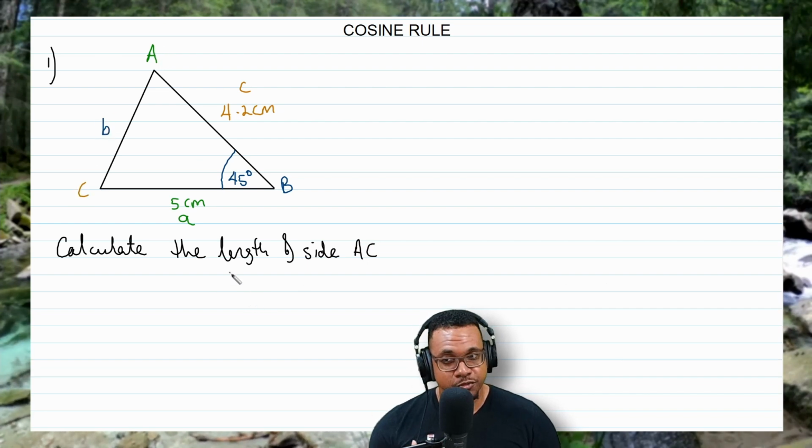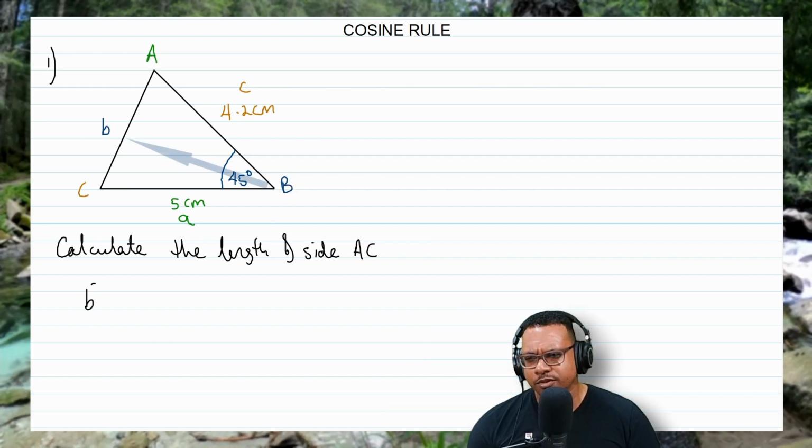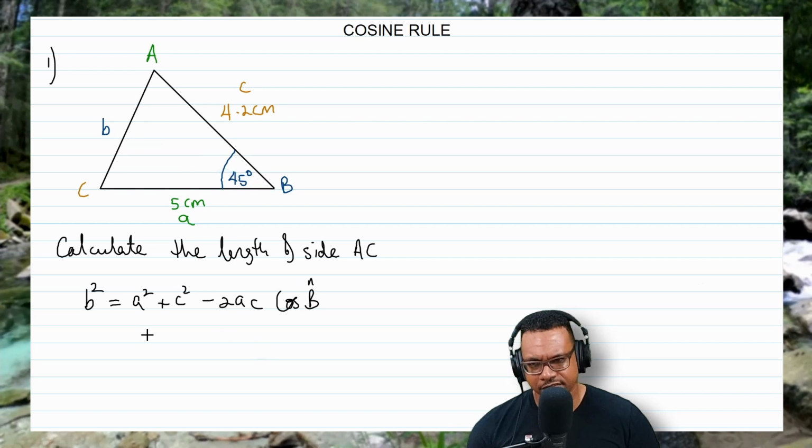So writing the cosine rule, starting with b, we know we have to end with capital B. So we have b squared is equal to, the other two sides are a and c. So we have a squared plus c squared, take away 2ac cosine angle B. Let's fill in the values.